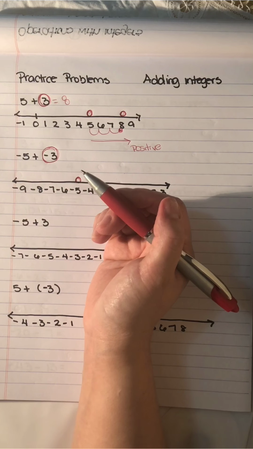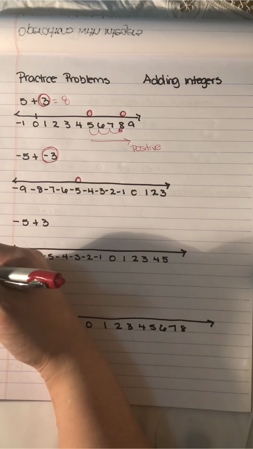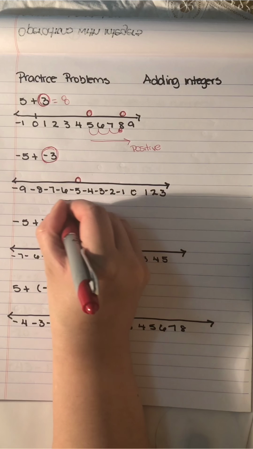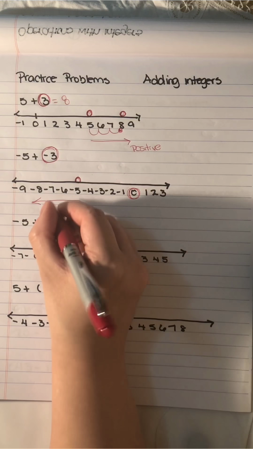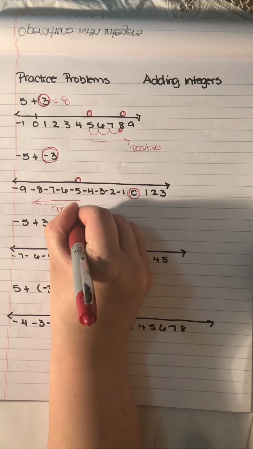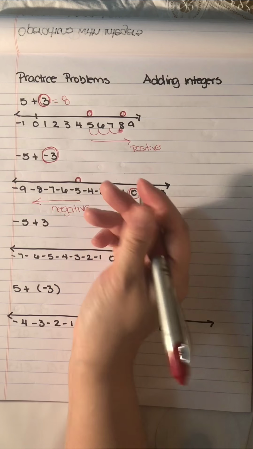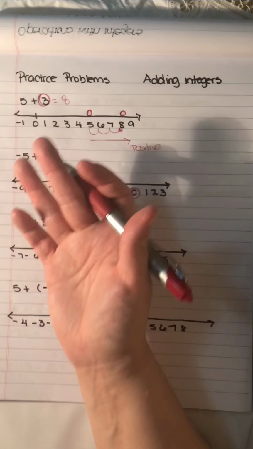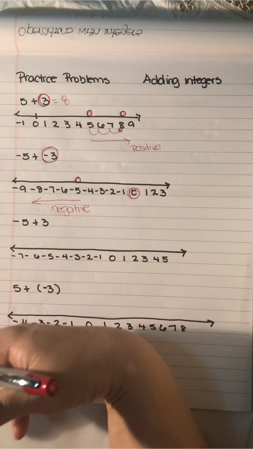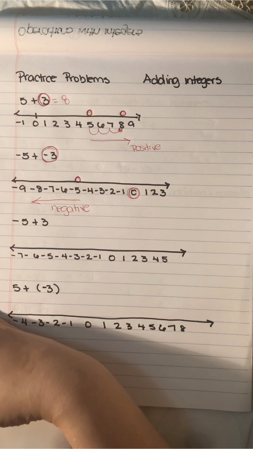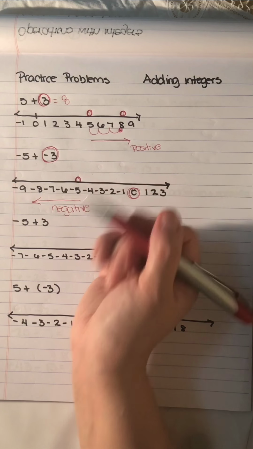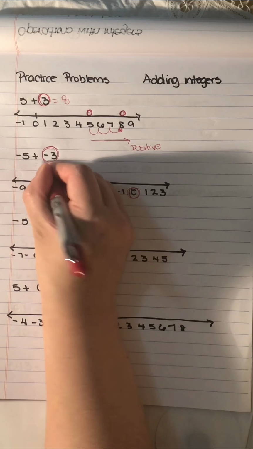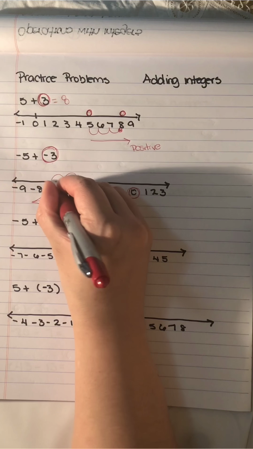So that means that we're going to the left side, because remember the 0 is our starting point, and the left of it is negative. We're taking it back 3 spaces. I don't like to use that kind of verbiage because I don't want you guys to get confused. So that's why I always say we're adding 3 spaces to the left, because this is negative. 1, 2, 3.